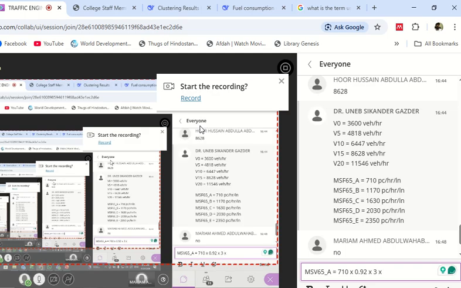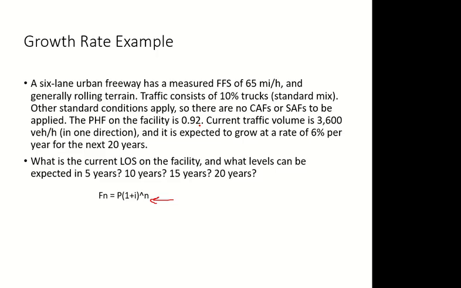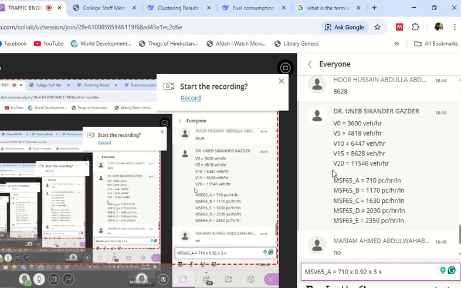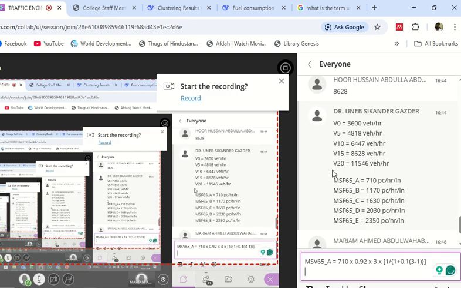Then I need to multiply by FHV. It's rolling terrain with 10% trucks. I'm writing the equation directly here for FHV. Sorry, rolling terrain should be 3. Then for B, I just change this value.